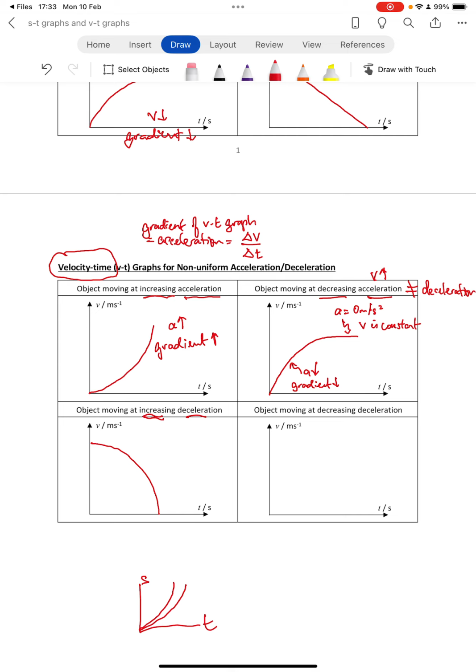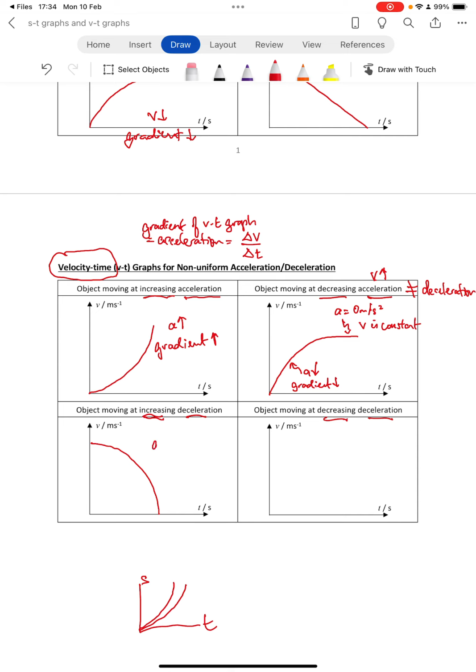Okay, and finally, decreasing deceleration. The line is going down because velocity is decreasing, okay? But it's decreasing at a decreasing rate, meaning that the gradient is becoming not so steep, okay? So the line is going down, but the gradient is going to be decreasing, all right?